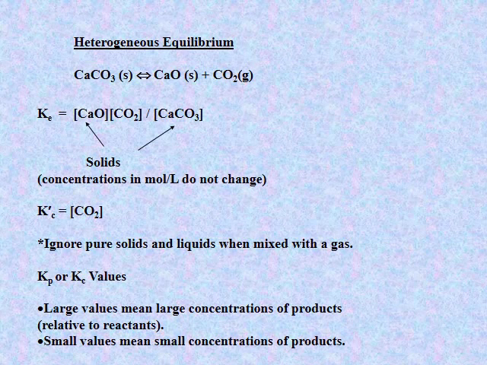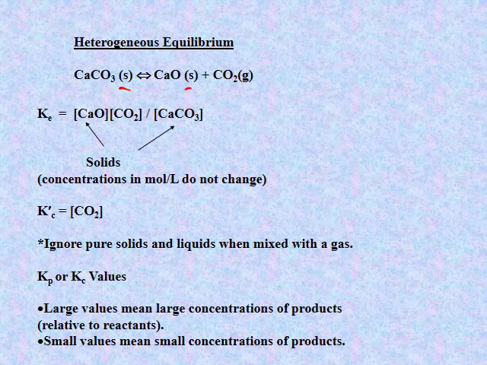Now here you see a heterogeneous equilibrium. What is heterogeneous? Say a solid is mixed with a gas, or a liquid is mixed with a gas, and they don't mix with each other. When they don't mix, that makes it heterogeneous, and we define the equilibrium constant a little differently.